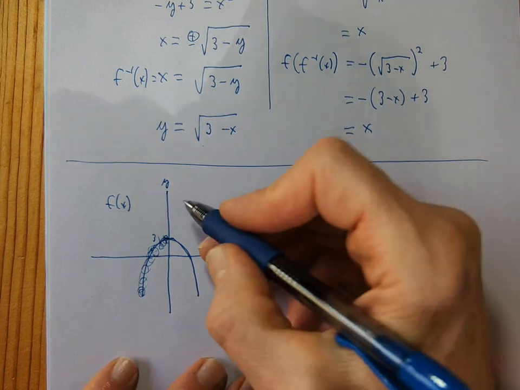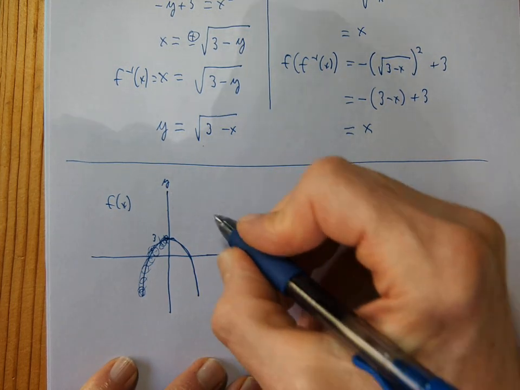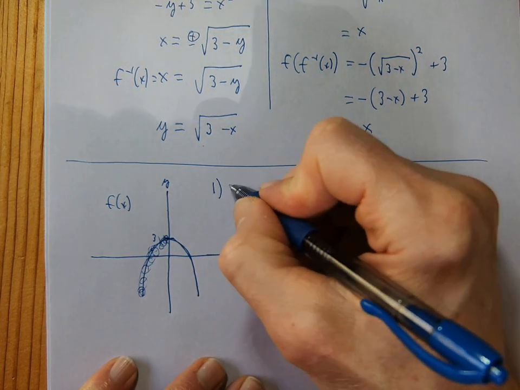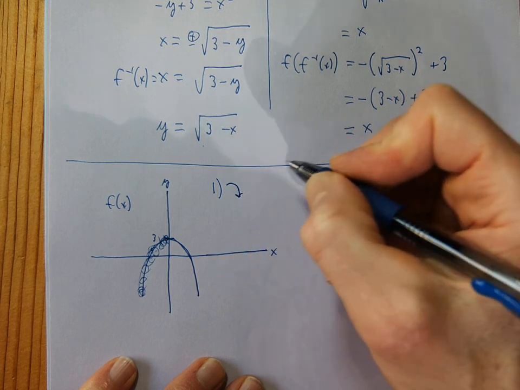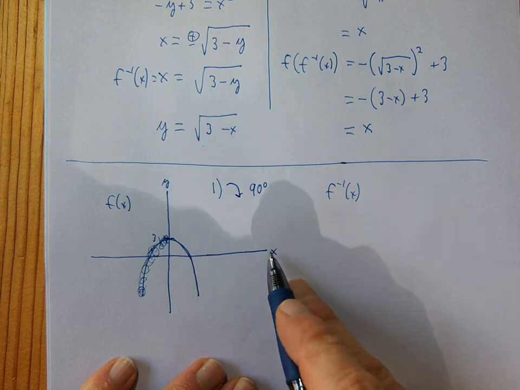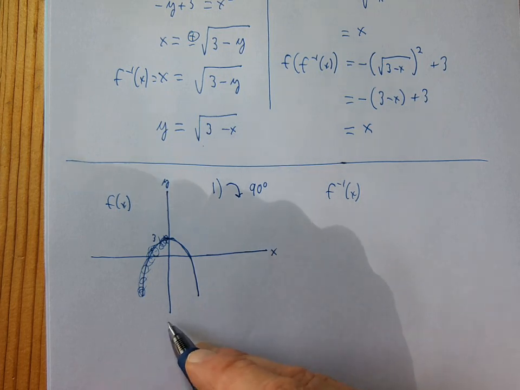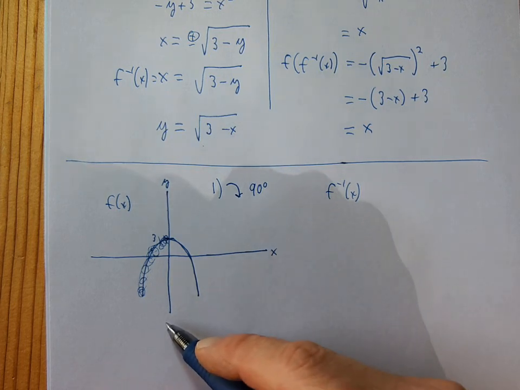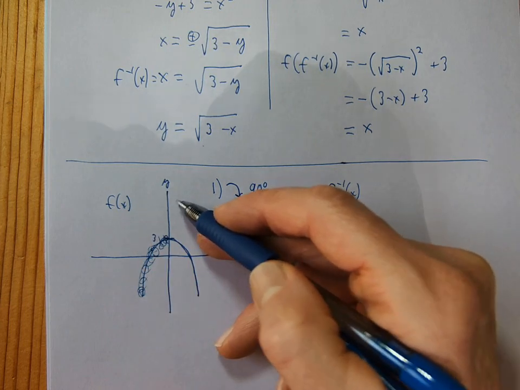To do that, we put the y over here, so first step is we rotate it 90 degrees that way, so 90 degrees clockwise, so that would put the y here. Problem is, that puts the x, makes it negative. We want to then flip it back upside down.